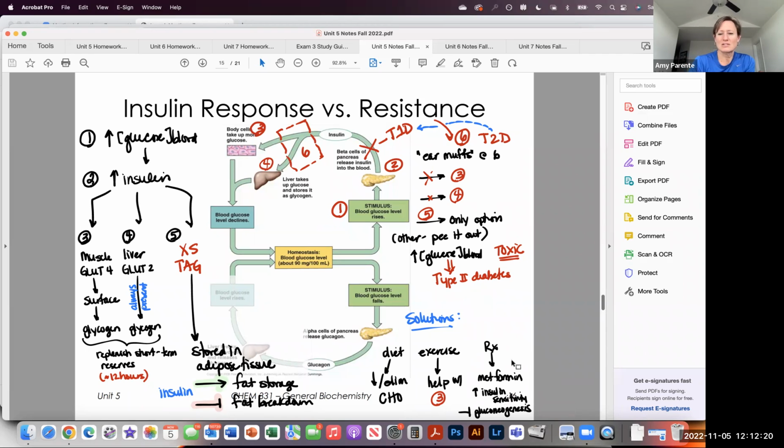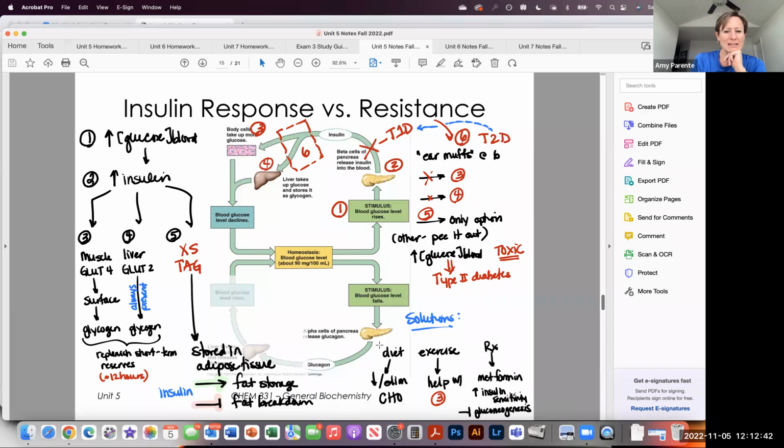Now, metformin is an important type 2 diabetes medication. It increases insulin sensitivity and it inhibits the process we call gluconeogenesis, so it's not going to let you make more blood sugar. Now, diet and exercise can be incredibly powerful levers in this space.